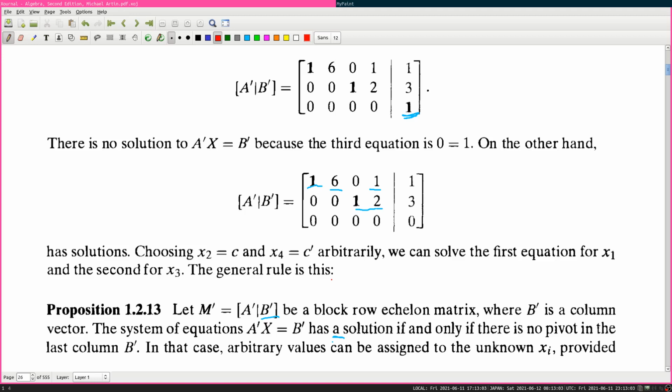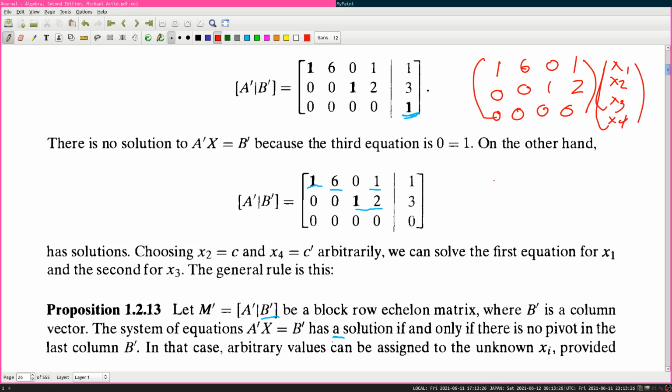So you multiply the matrix times x1, x2, x3, x4, and the bottom row of this will be 0x1 plus 0x2 plus 0x3 plus 0x4.